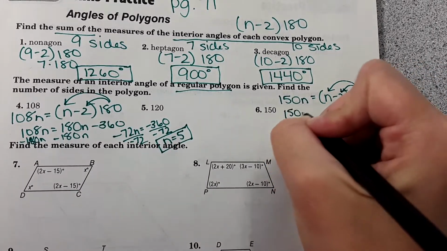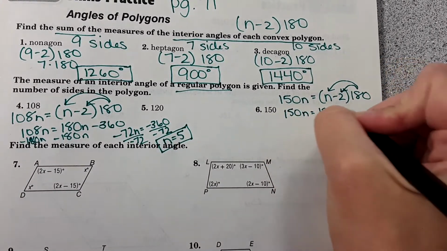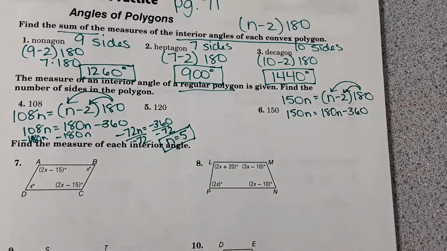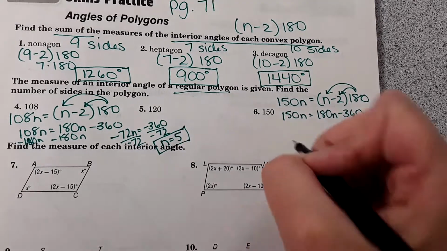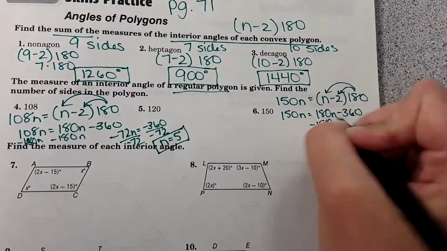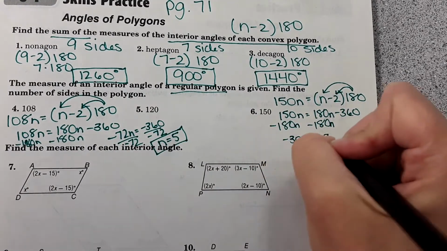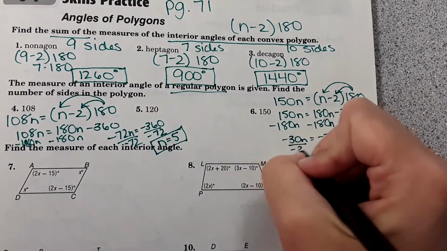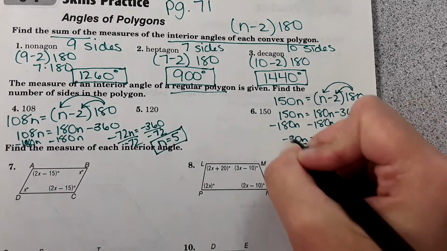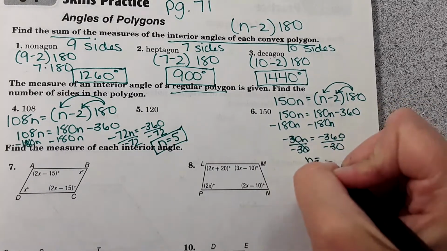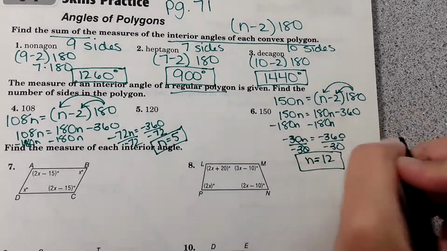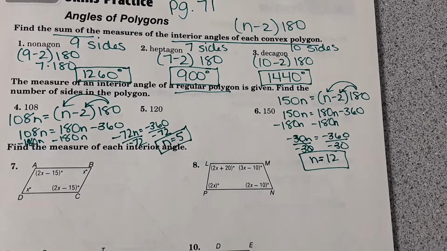So 150n equals 180n minus 360. Subtract 180n, and I get n equals 12. So this shape has 12 sides.